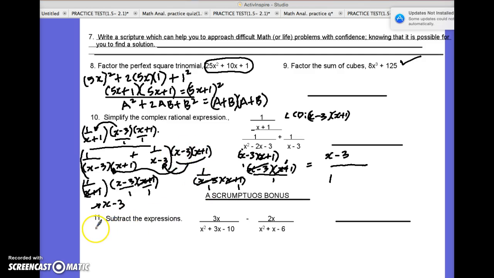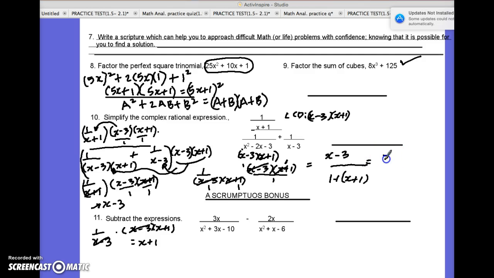So I'm going to do that right here: 1 over x minus 3 times the LCD, which is x minus 3 times x plus 1. X minus 3 will cancel, and what will be left will be x plus 1. So this term here, we get a plus x plus 1.